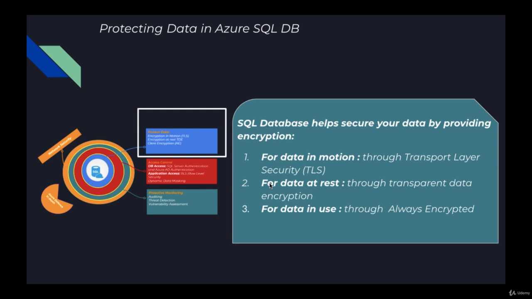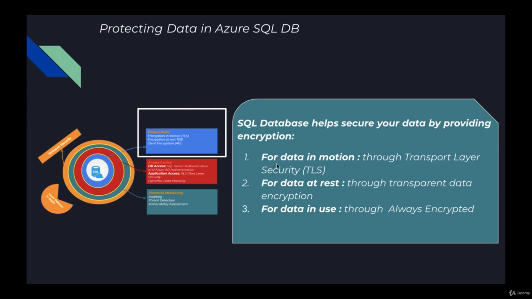Therefore, in the case of Azure SQL DB, all connections to the Azure SQL databases require a TLS or SSL connection at all times while the data is in motion or in transit, to and from the databases.